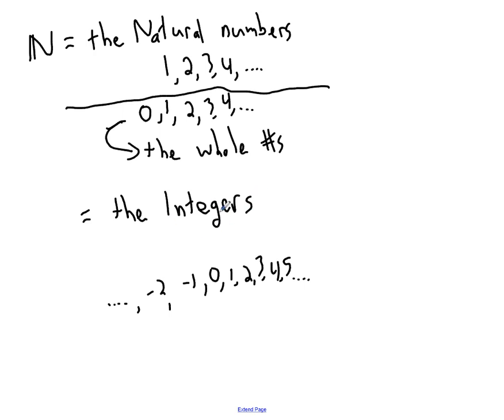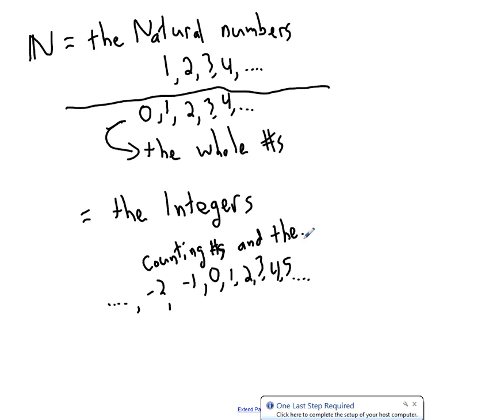It's not integer, it's integer. So the integers are counting numbers, whole numbers, natural numbers, whichever word you want to use for it. Counting numbers, it's an S. And their opposites.